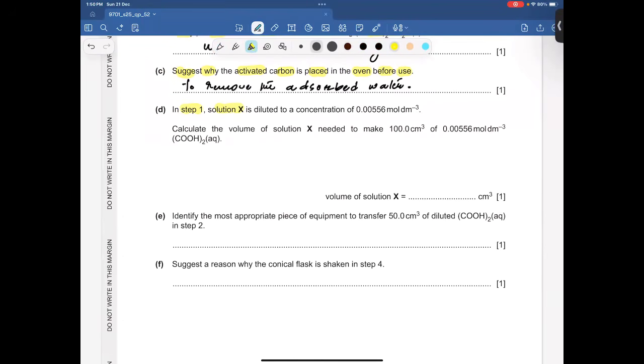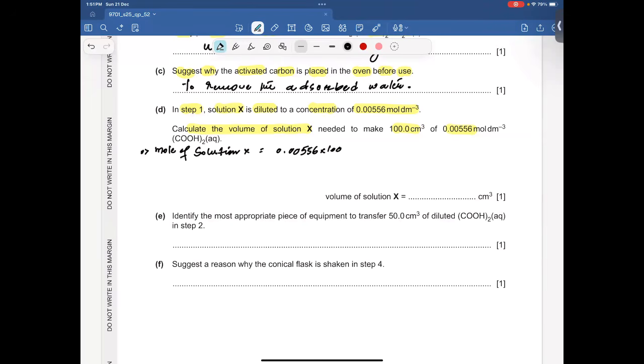In step 1, solution X is diluted to concentration of 0.00556 mole per dm cube. Determine the volume of solution X needed to make 100 cm cube of this concentration. So first of all, let me find the moles of solution X. So concentration is given 0.00556.